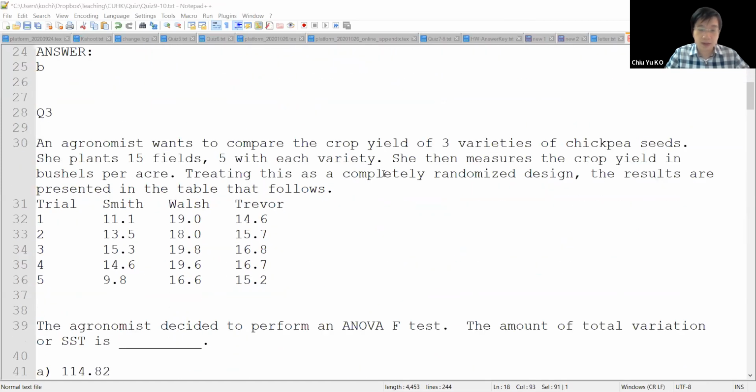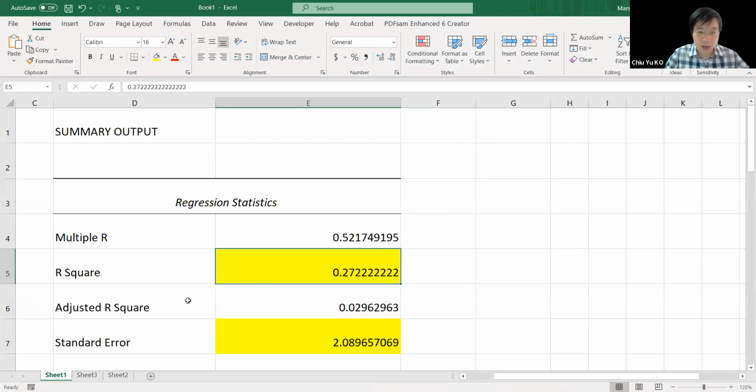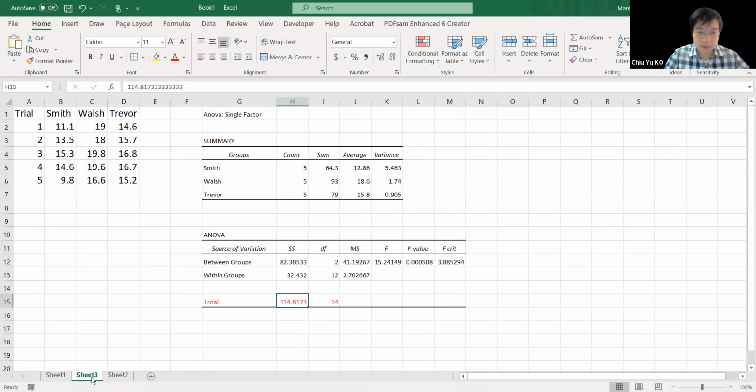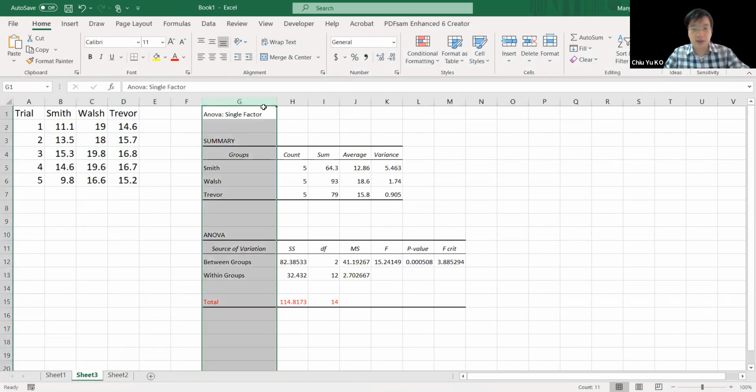For the next part, because of the time constraint, I will just share the Excel with you. This is the question.